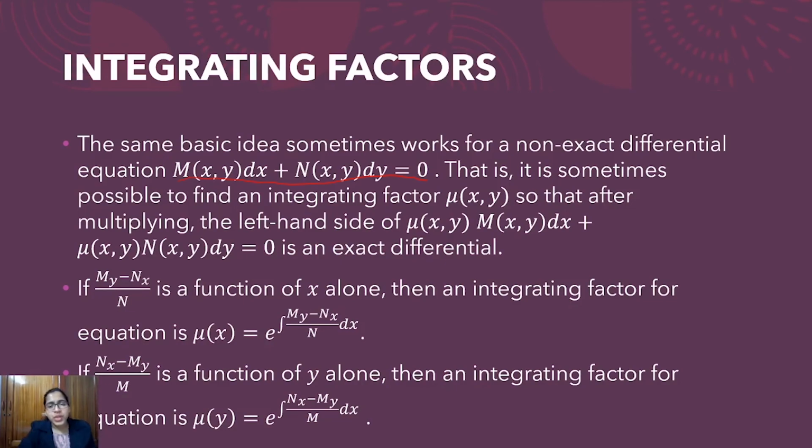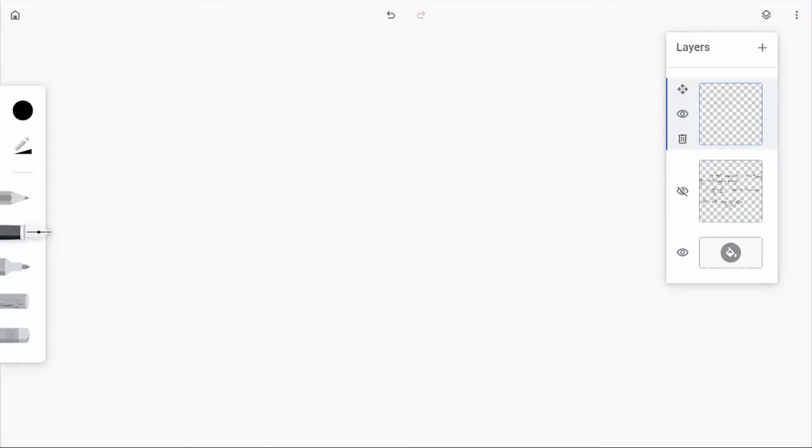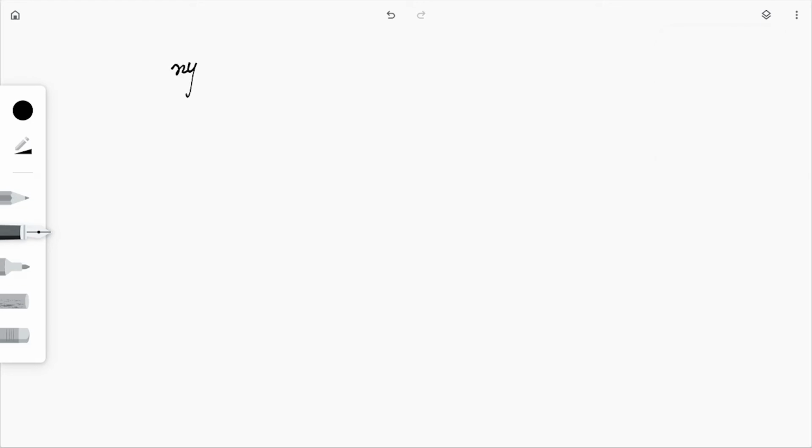So I'll just show you an example which is in your textbook to help you understand how we can determine the integrating factors. The differential equation given to us is xy dx plus (2x² plus 3y² minus 20) dy.